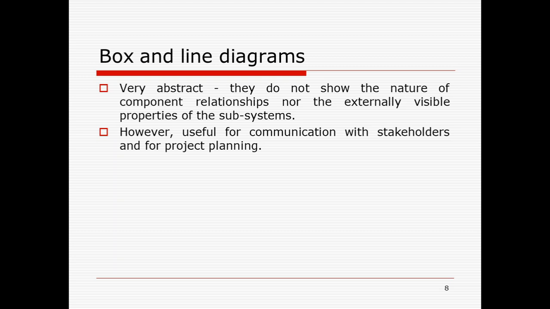And the arrow, the line from one box to another, means the data and control signals that are passed from one component to another in the direction of the arrow.